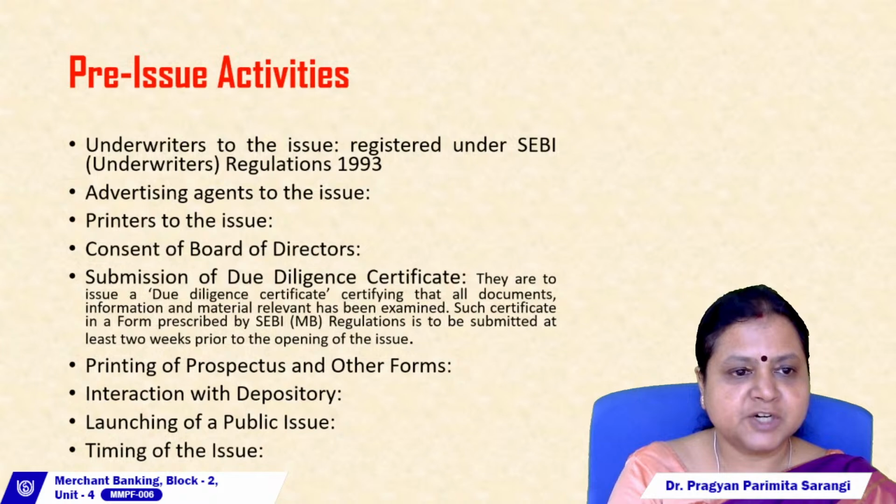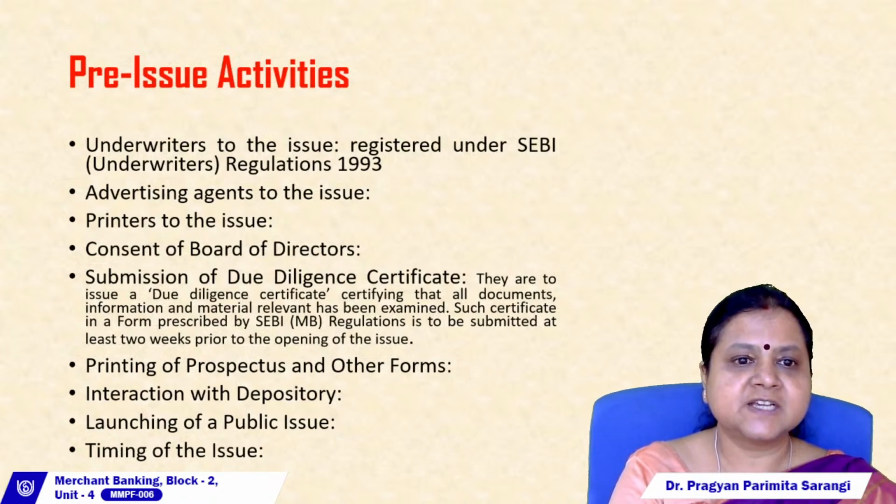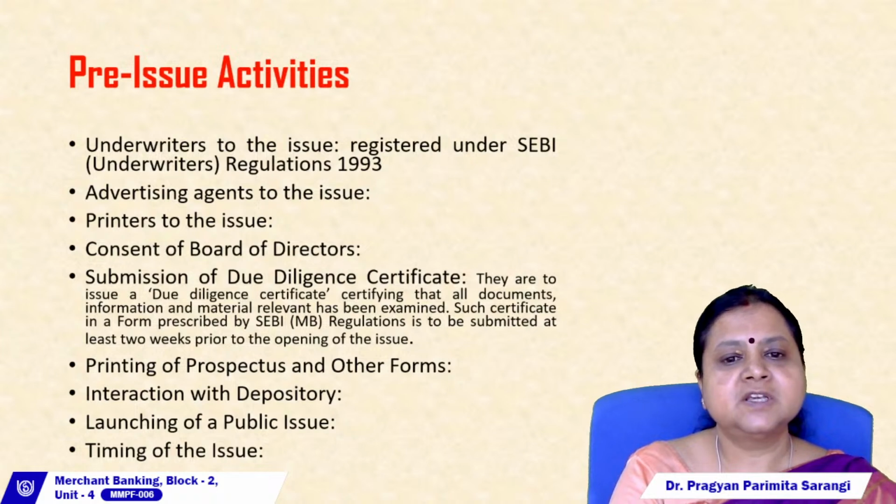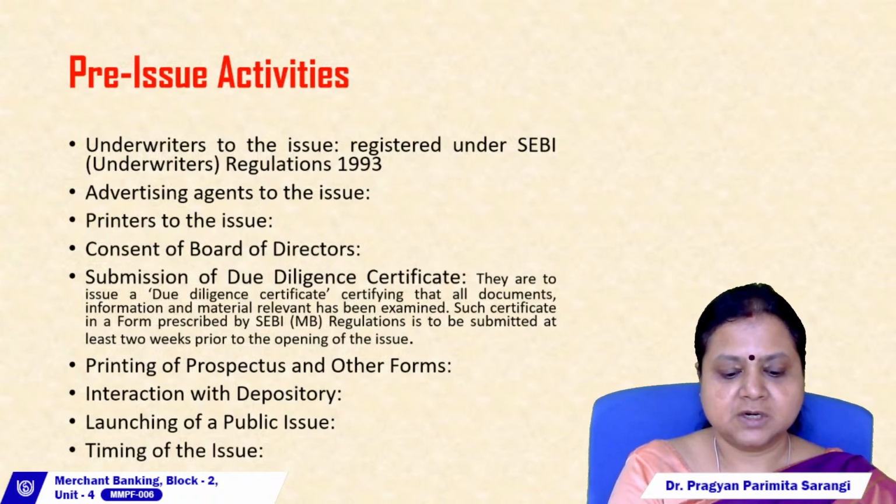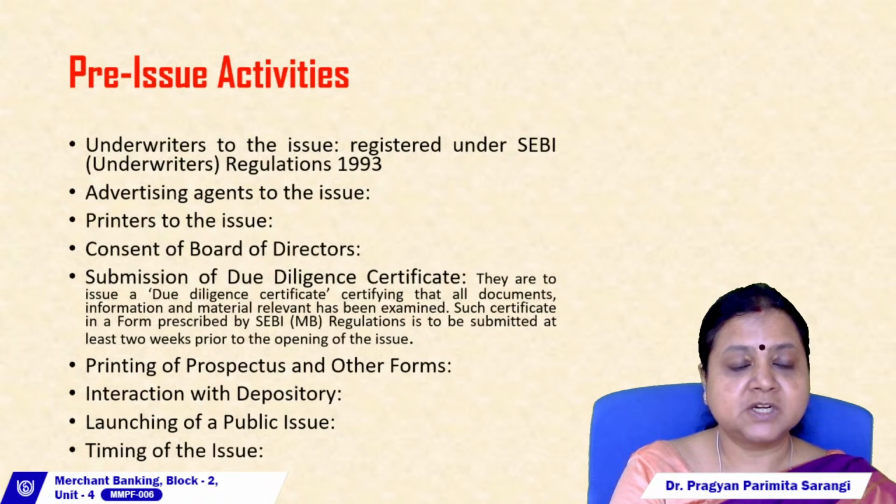Now, the merchant bankers also oversee the entire advertising part of the issue. That means how it will be advertised. Maybe it will be advertised in the newspapers, or on television, or marketed through the brokers.